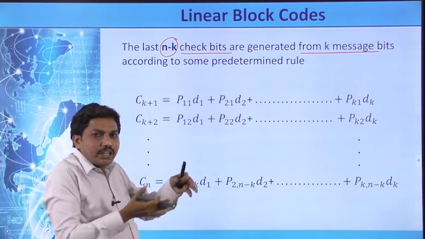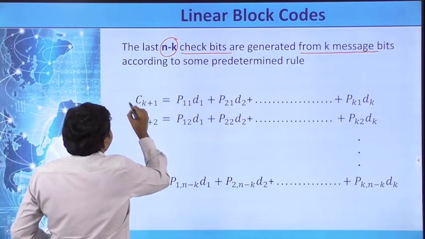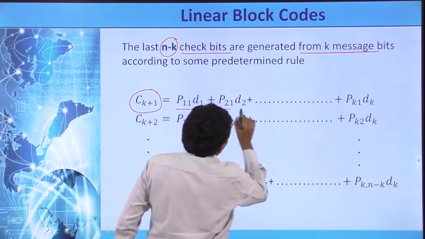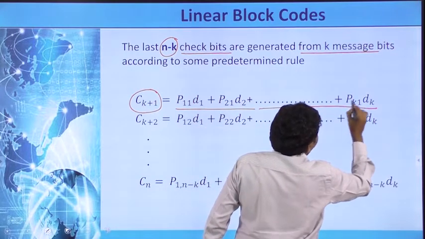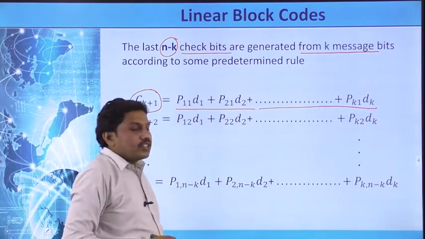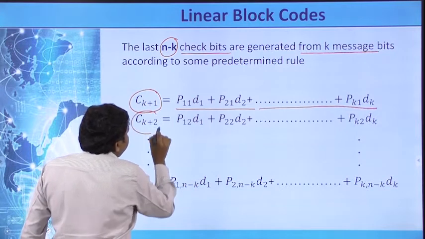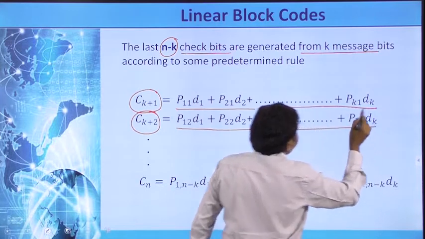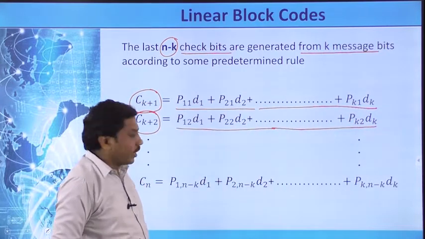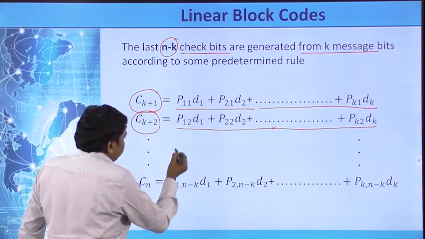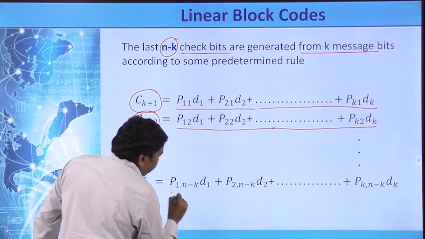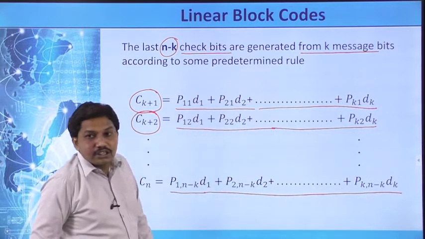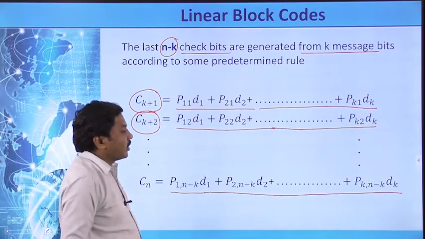C(k+1) is defined as P11 d1 plus P21 d2 plus so on up to Pk1 dk. Similarly, C(k+2) is defined as P12 d1 plus P22 d2 so on up to Pk2 dk. Similarly, the last one, Cn equal to P1,n-k d1 plus P2,n-k d2 plus and so on Pk,n-k dk.